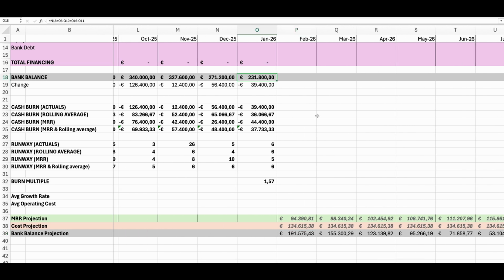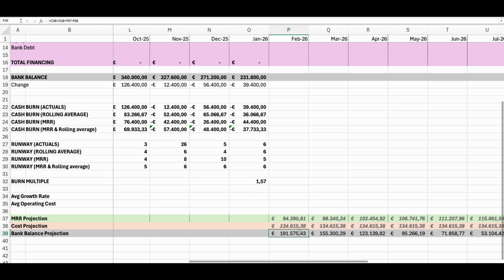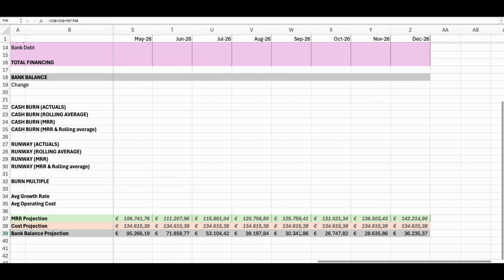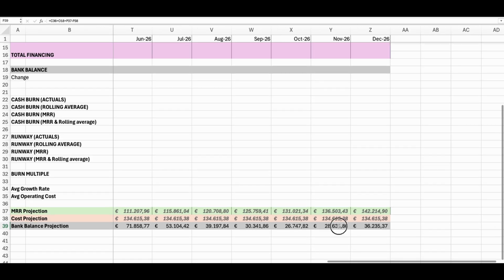So we're using the previous bank balance, and we're assuming that these things happen as income and cost, and projecting that forward. We're seeing that we're about to run out of money here in November, but in December 26, we're actually starting to generate net cash.